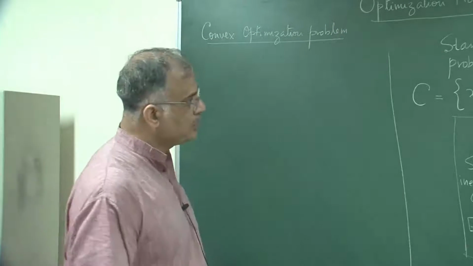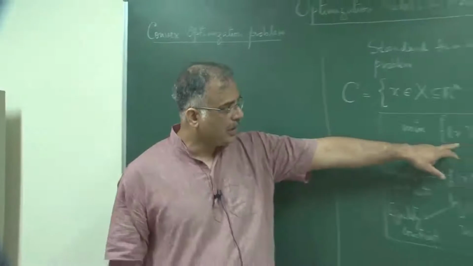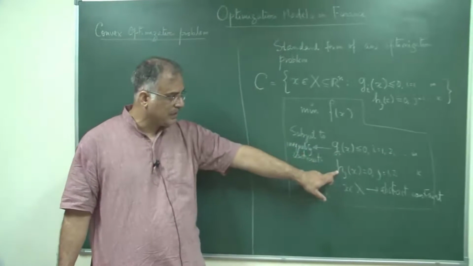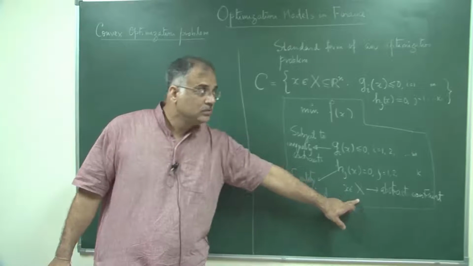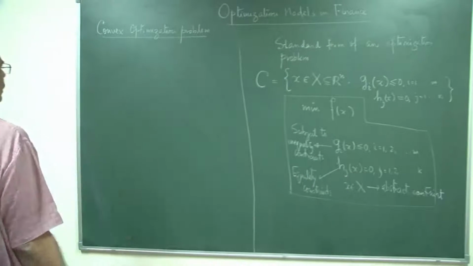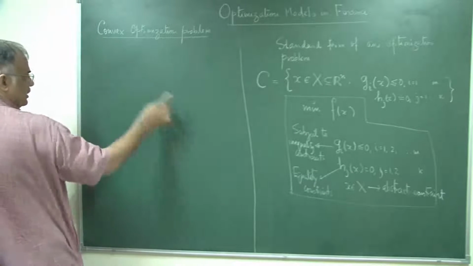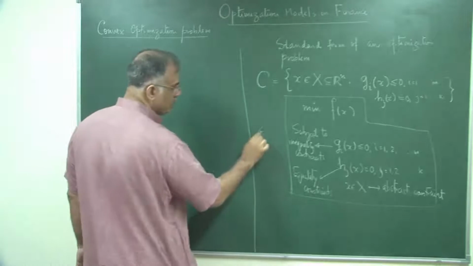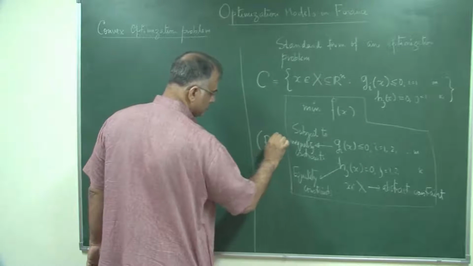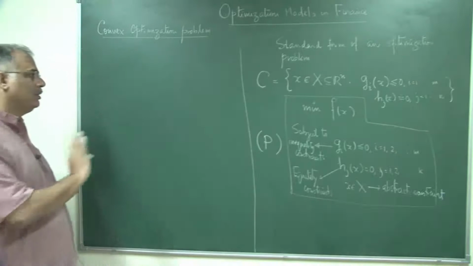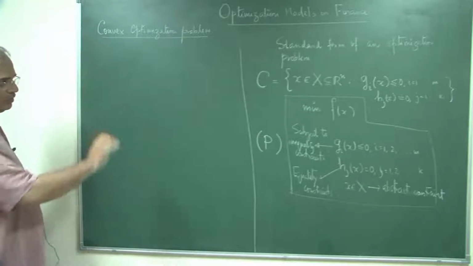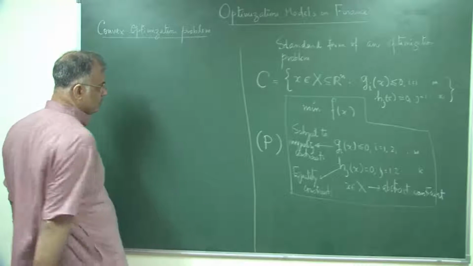The convex optimization problem arises when f is convex, g_i's are convex, h_j is affine and X is usually a closed convex set. So in this case, the problem P, which is now our standard problem, we will be essentially dealing only with this structure.